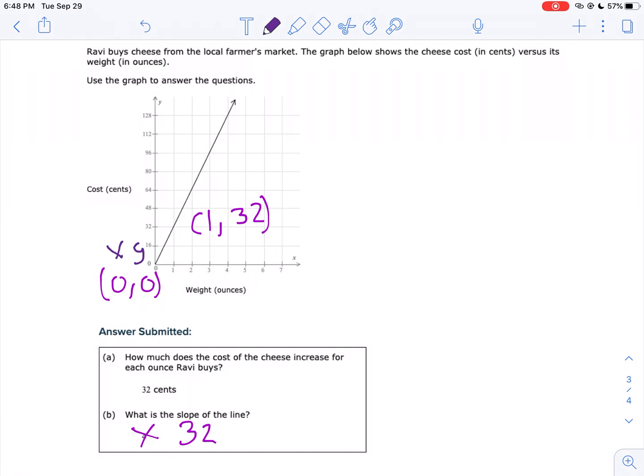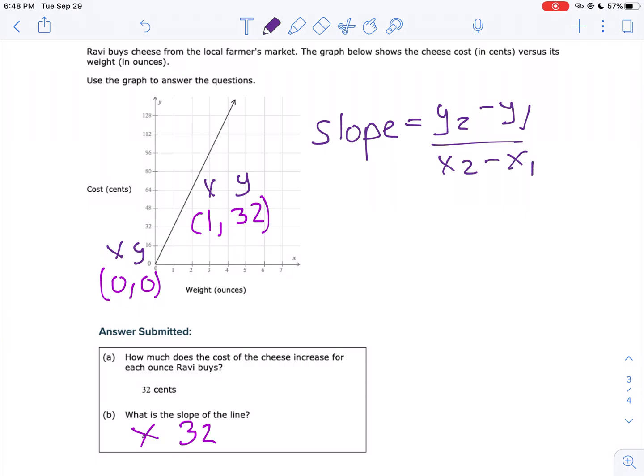Well, let's write here. X, Y, our slope equals y2 minus y1 over x2 minus x1. I think I'm going to call the point 1, 32 my second point. I'm going to call 0, 0 my first point. So then we subtract our y's.